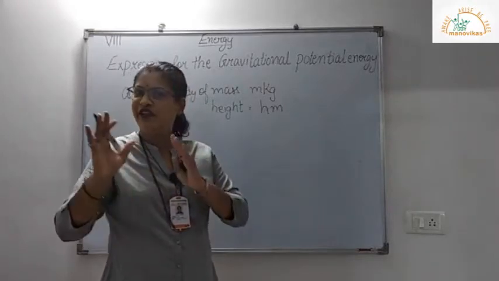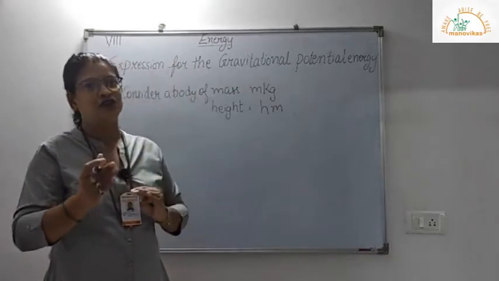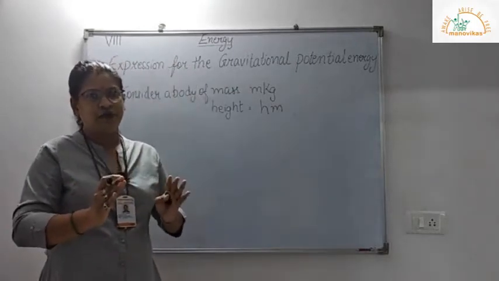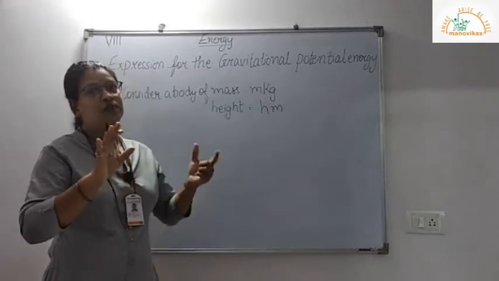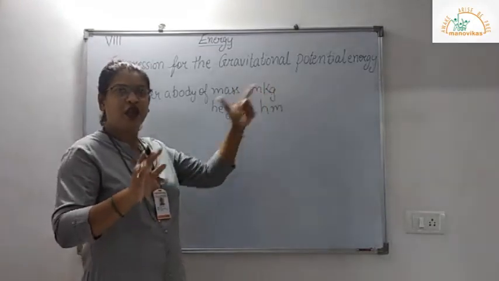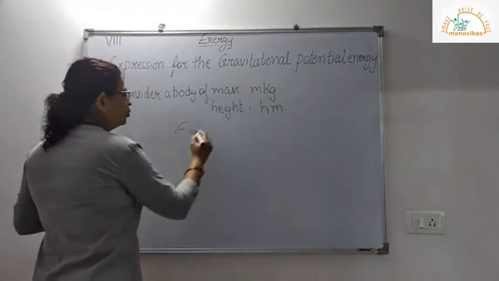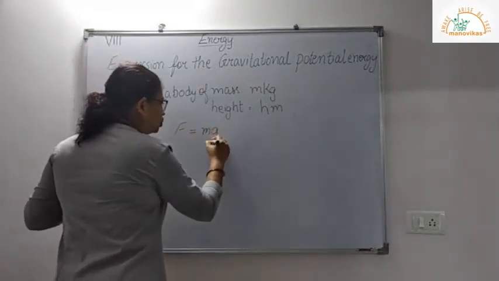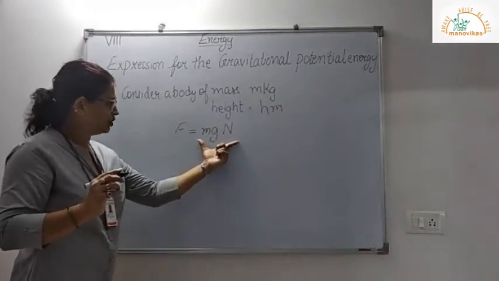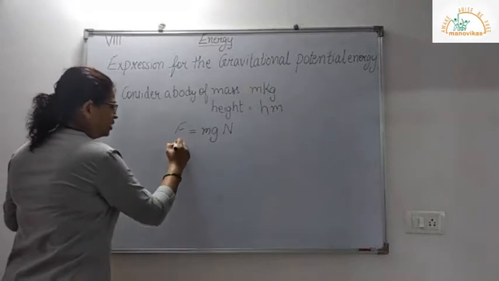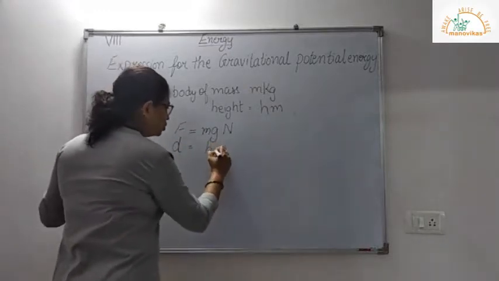If this gravity acts on a mass of 1 kg, then if the same gravity is acting on the mass of m kg, the force acting on it will be given by mg newtons, and the distance moved is h meters.